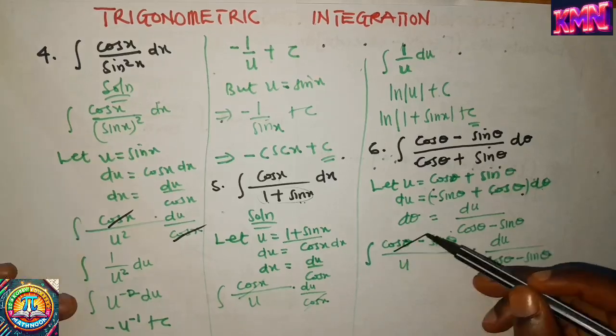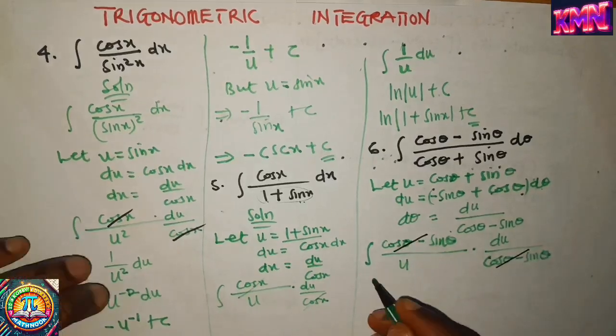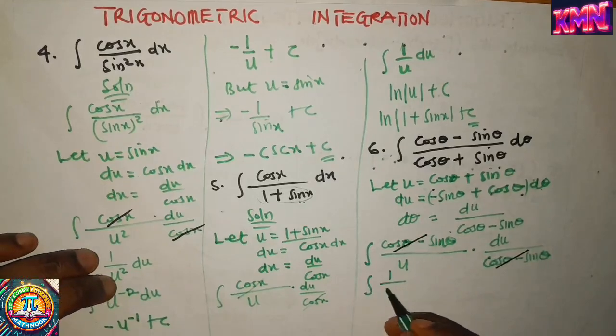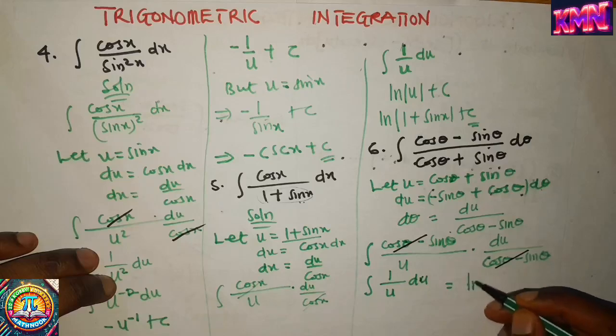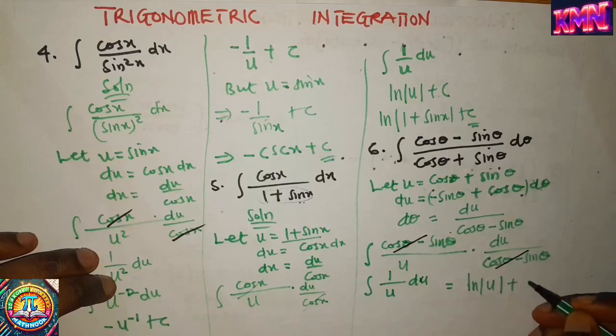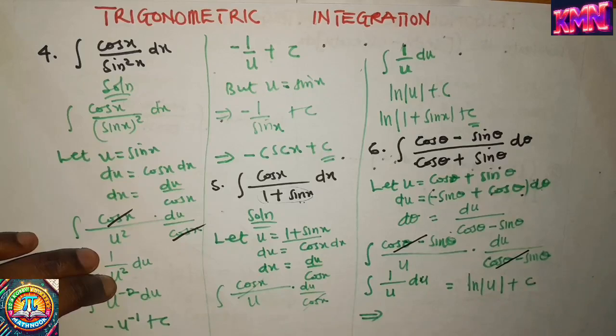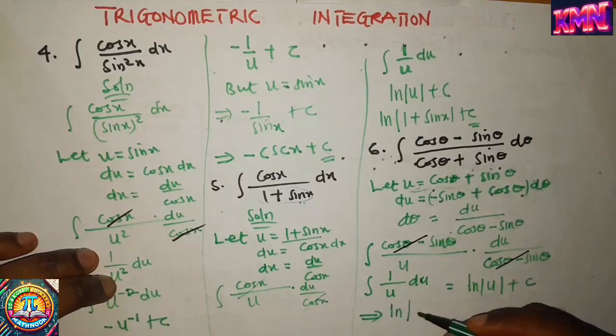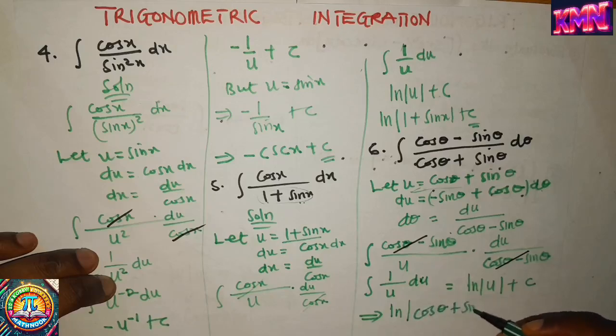And you can see that this is the same as this. So everything becomes the integral of 1 on u du. And we know that will give us ln u plus c. Finally, we can say that our integral becomes ln of cosine of theta plus sine theta plus c.